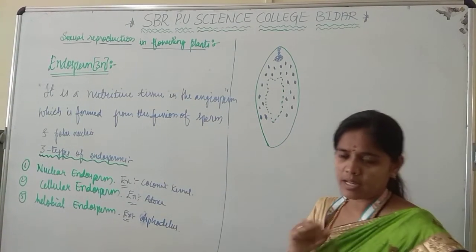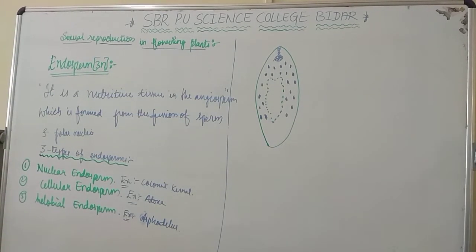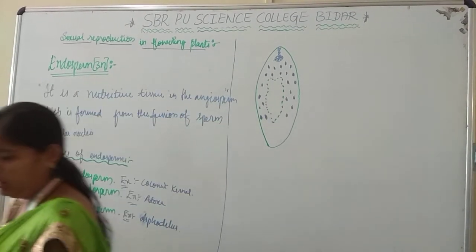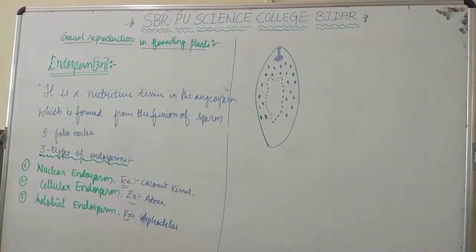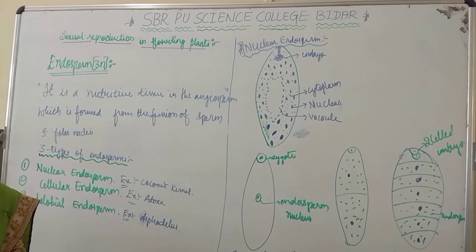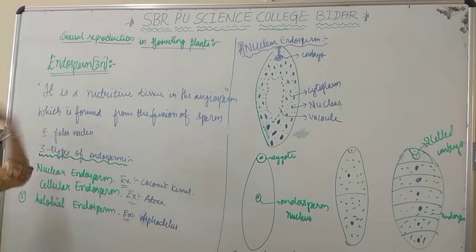That is cytoplasmic division and nuclear division will be there. So you can see here the three different types of endosperms we find immediately after the fertilization.